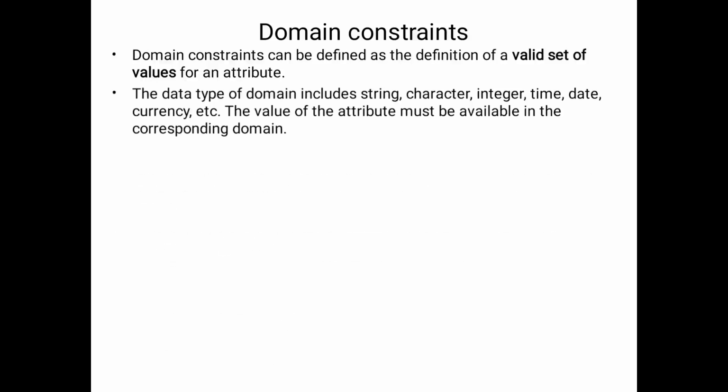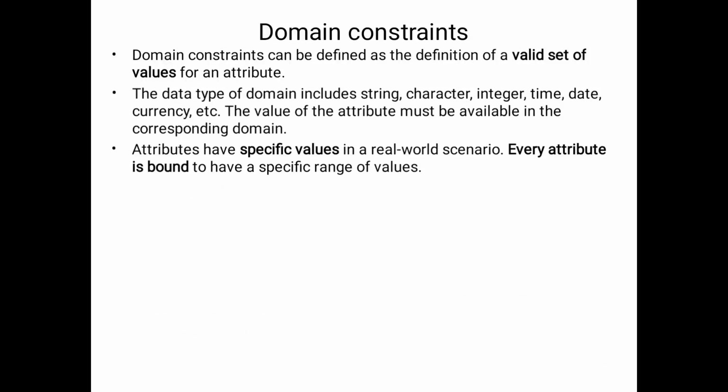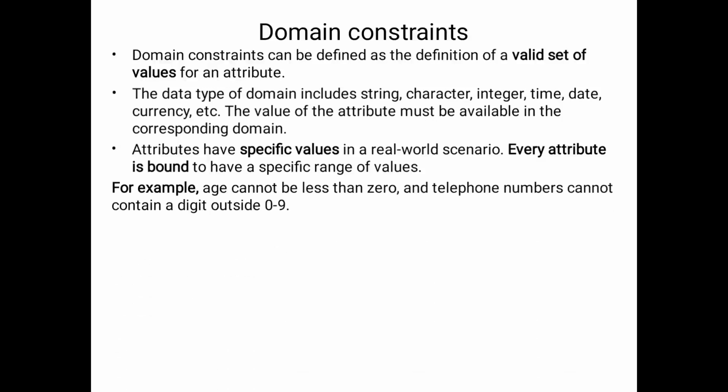Domain constraints can be defined as the definition of a valid set of values for an attribute. The data types of the domain include string, character, integer, time, date, currency, etc. The values of the attribute must be available in the corresponding domain.